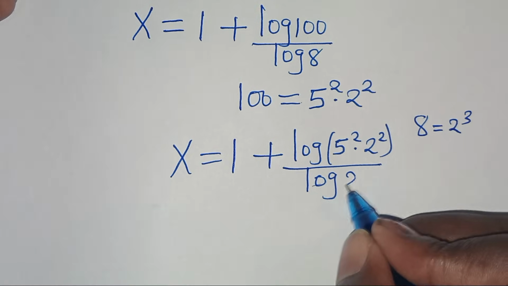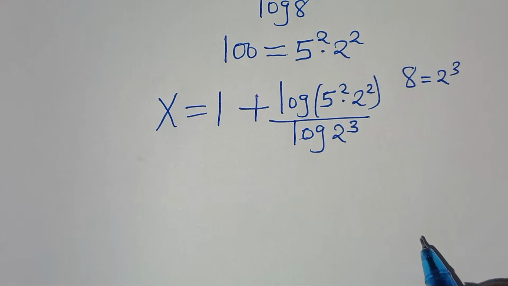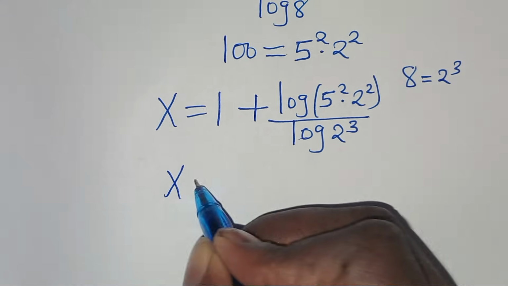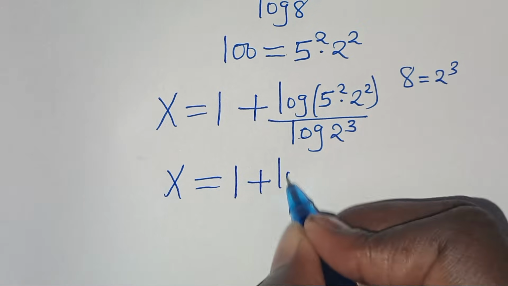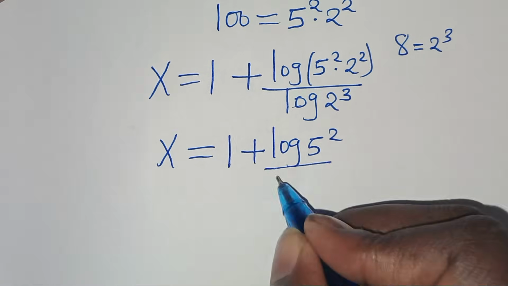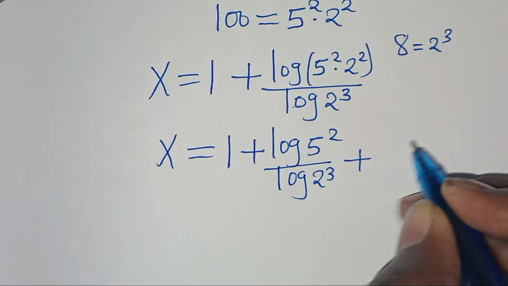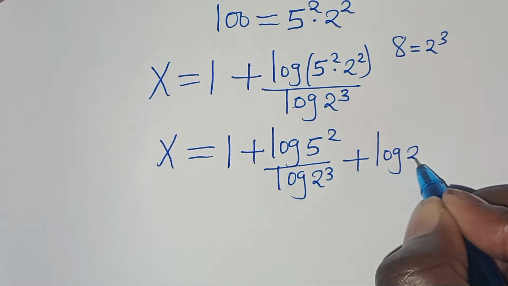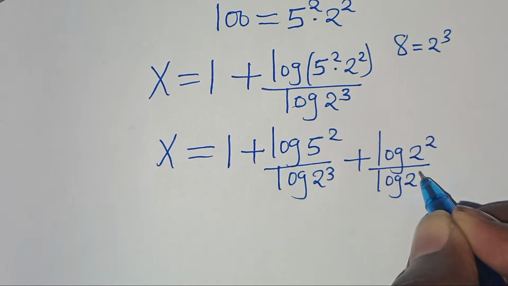So we have log 2 to the power of 3. Now x is equal to 1 plus log 5 to the power of 2 divided by log 2 to the power of 3, plus log 2 to the power of 2 divided by log 2 to the power of 3.